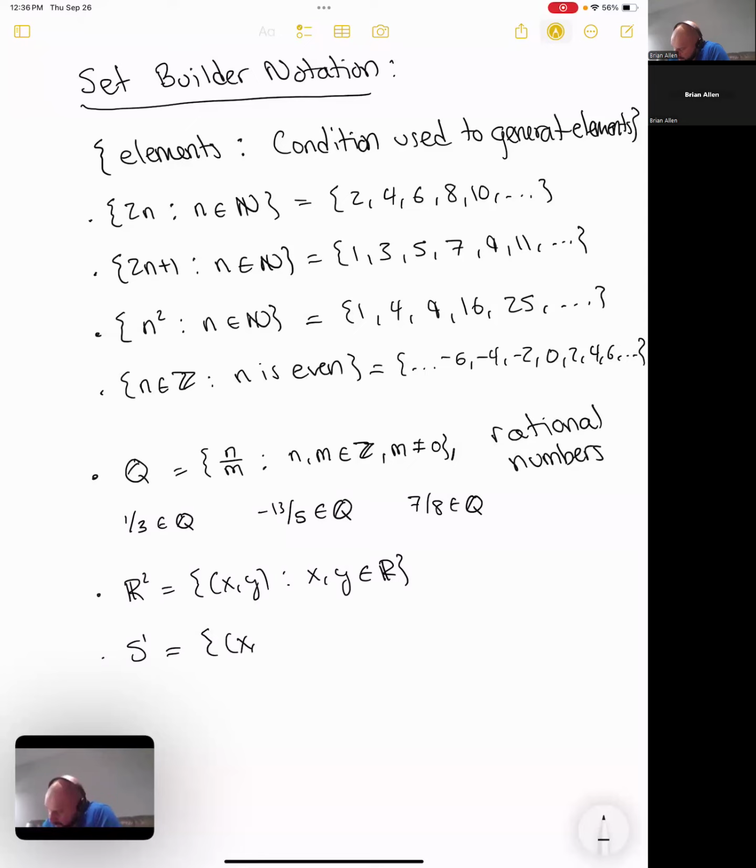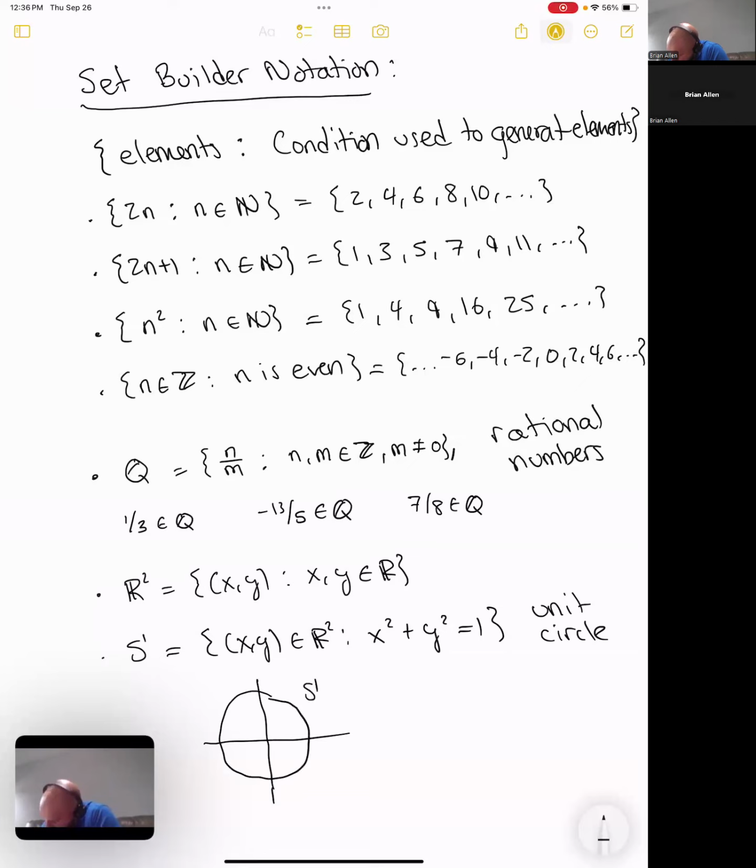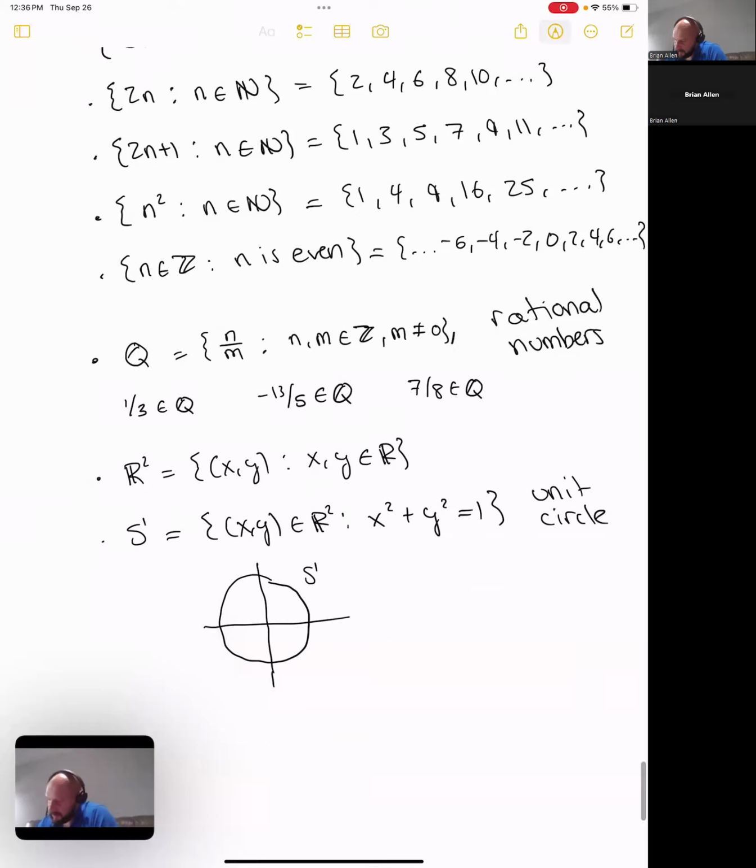So then you're talking about the set of elements of R squared, such that x squared plus y squared equals 1. Of course, we call that the unit circle. And we can draw a little picture. If you're inside the xy plane, then the unit circle is this, right? Okay, so those are some examples of sets.